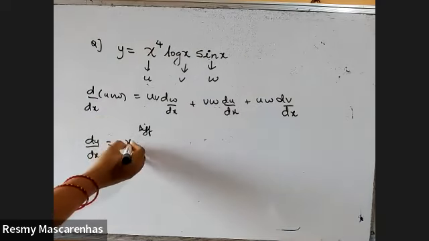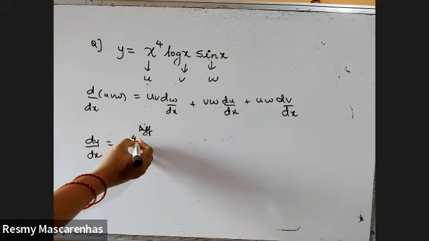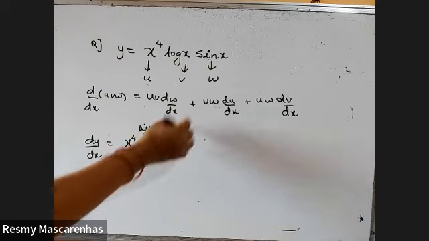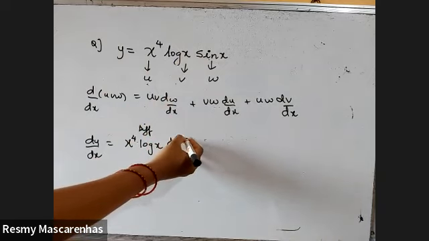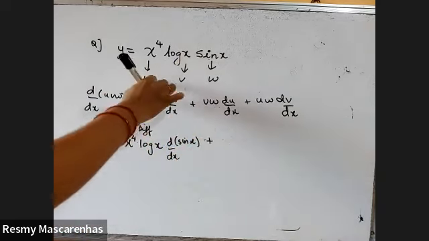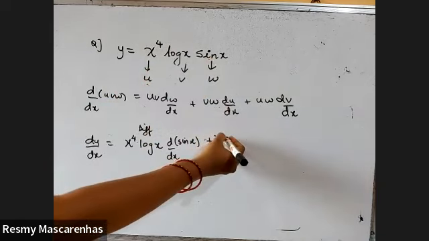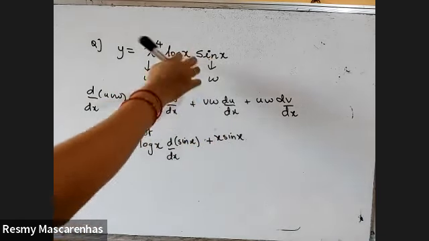X raised to 4 and log x I'll keep out. And now take derivative of the third one. Then this and this I'll keep out. Take derivative of the second one.